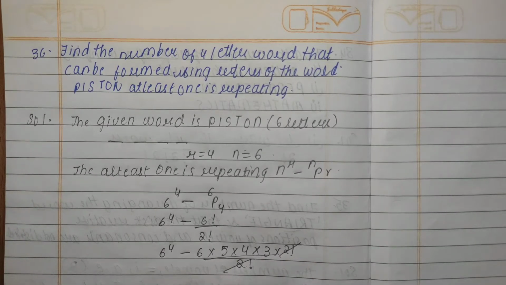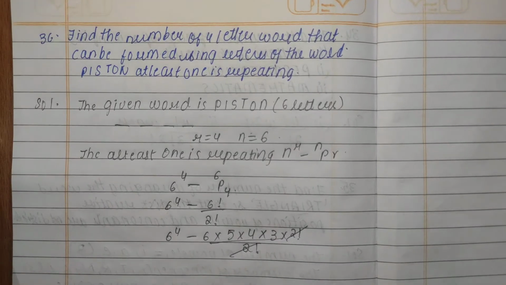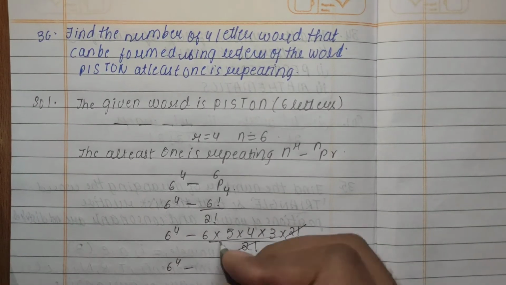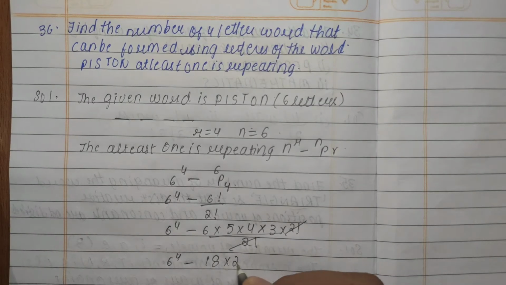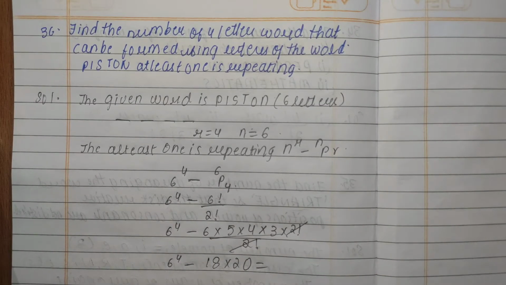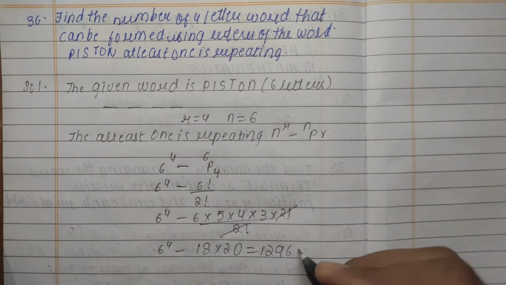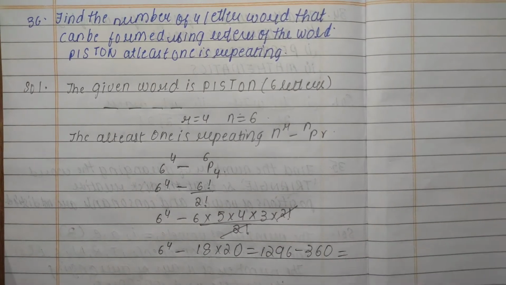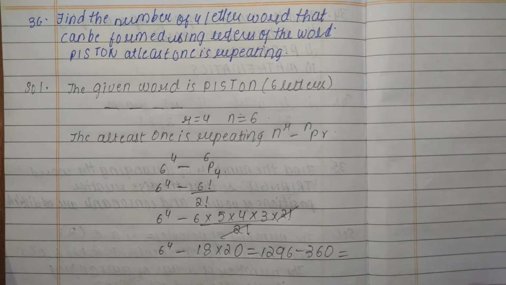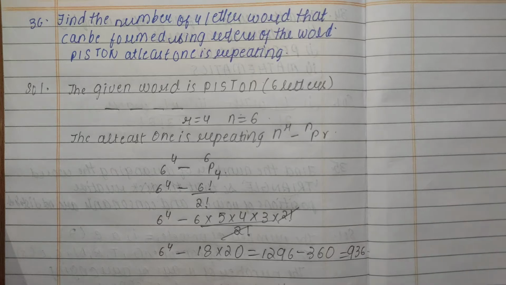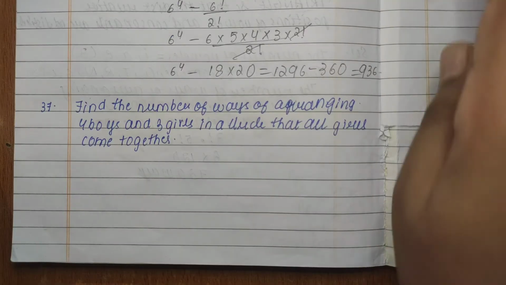Cancel. So 6 power 4 minus 18 into 20. So 6 power 4 is 1296. This is 360. That becomes 936. That's it. I hope you have understood the previous sum.